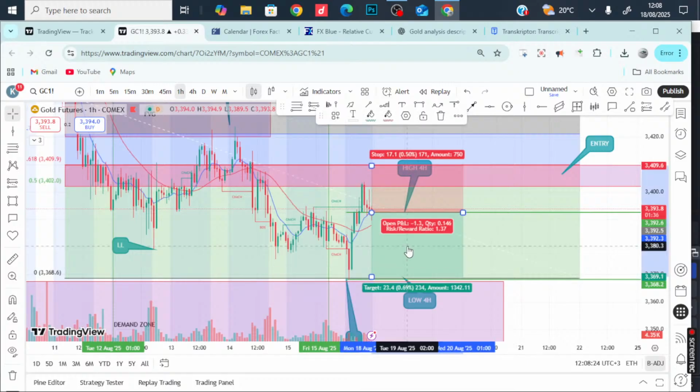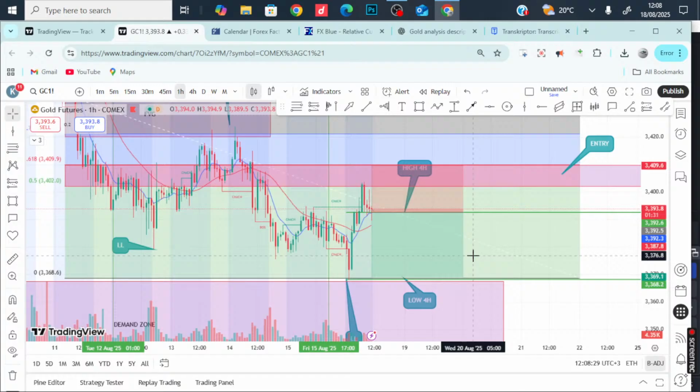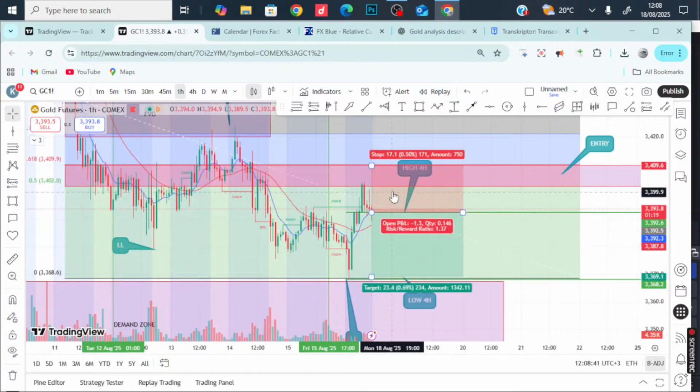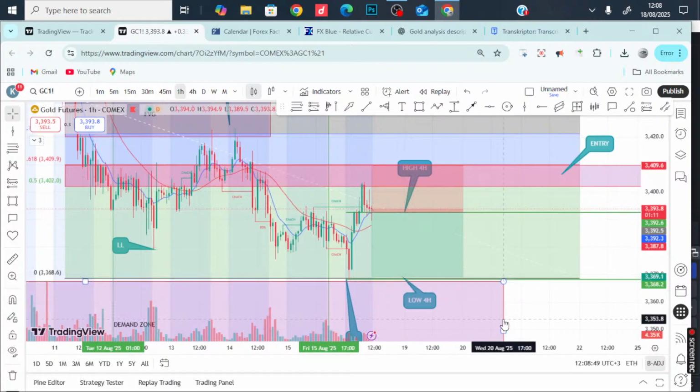That's a risk of 1:3. So for me, I'll accept to take my position from there now. The market will move upwards to this point, either mitigate a second time, then pull down to the low point.